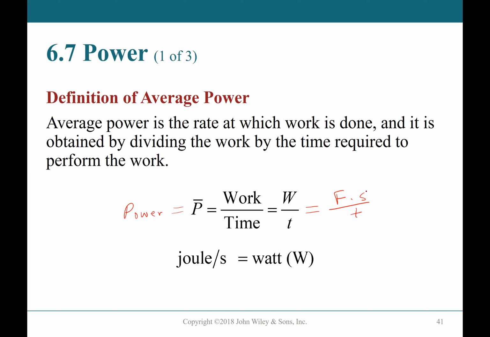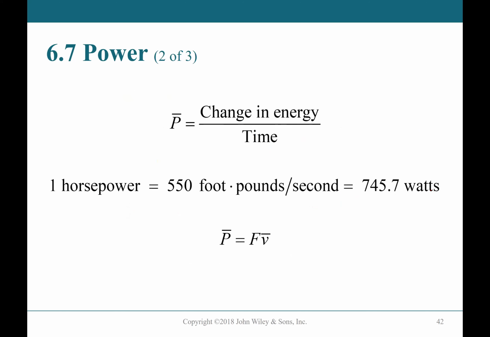And if we rewrite this distance over time, we call that what? We call that speed. So distance over time is speed. So we can also have this as an equation for power. So here we have power is also force times average speed.